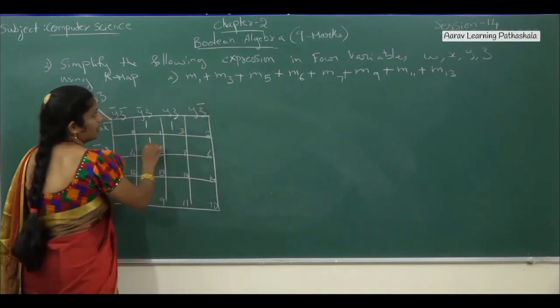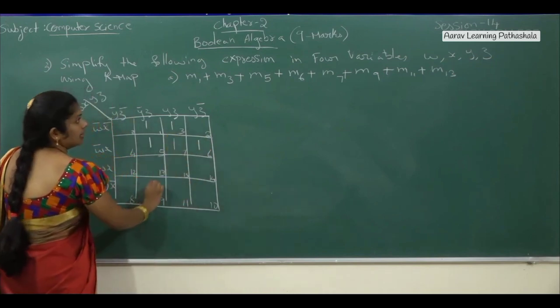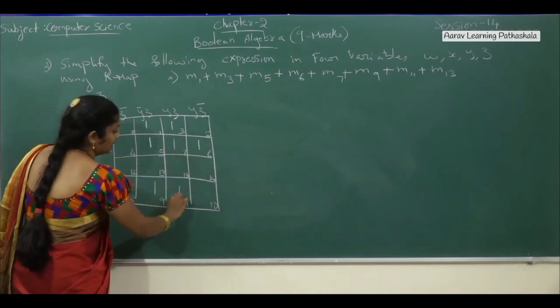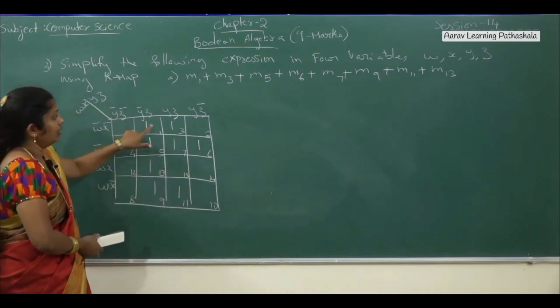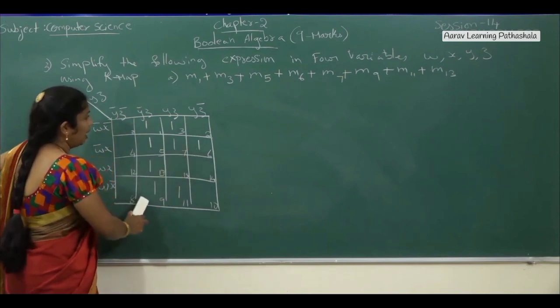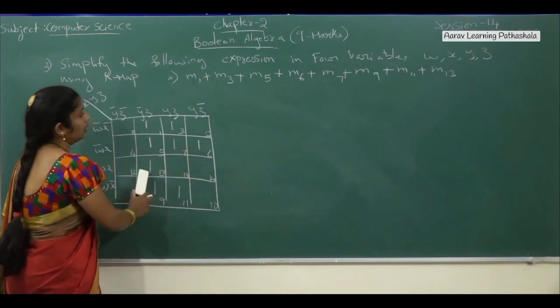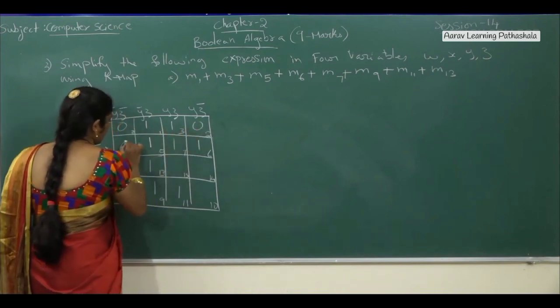Next m5, m6, m7, m9, m11, m13. For the remaining cells, write down 0.